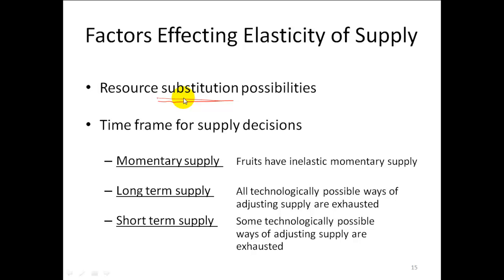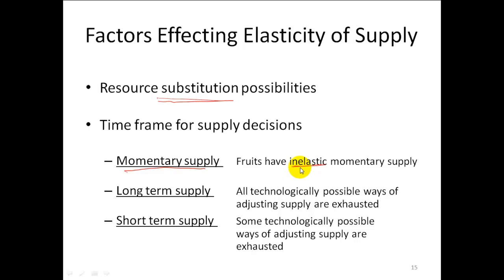The other factor impacting elasticity of supply is the time frame. As you can imagine, if you are talking about a very, very short term time frame, which is referred to as momentary supply, then let's say you are talking about fruits, the momentary supply curve will be rather inelastic. You can imagine this. Let's say that we are talking about the supply of oranges, and there is a medical report that comes out suggesting that oranges are extremely healthy for you.